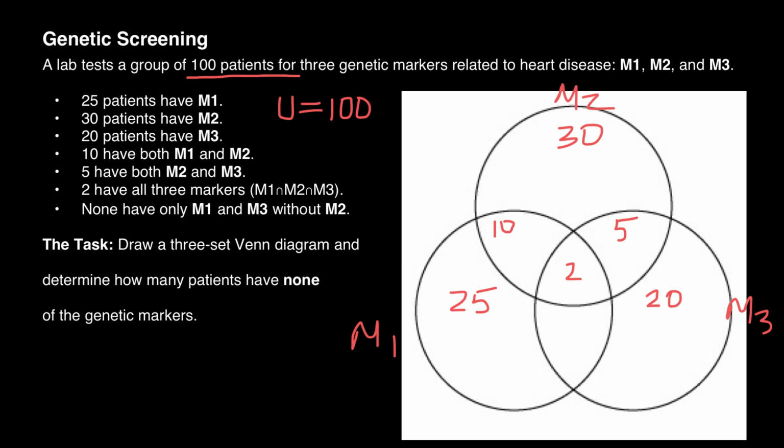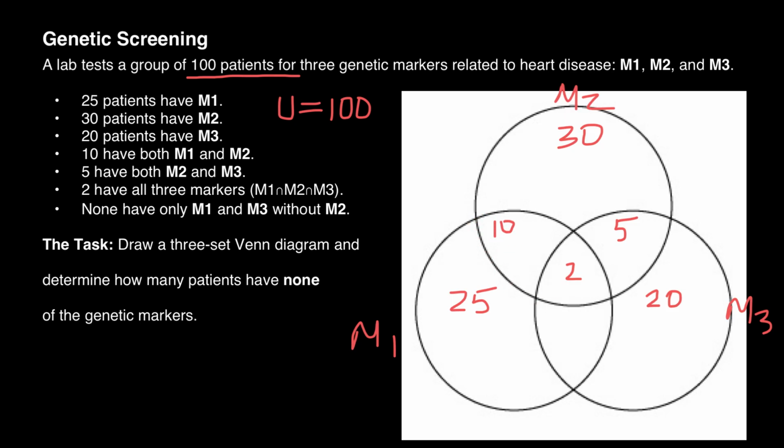Take a look. Those people who have markers M1 and M2, we were told there are 10 people that belong to this intersection. But 2 of them also have all 3 markers. So if we want to find the number for this intersection exclusively, not this one, which equals 10, but only this one, it is easy to find.